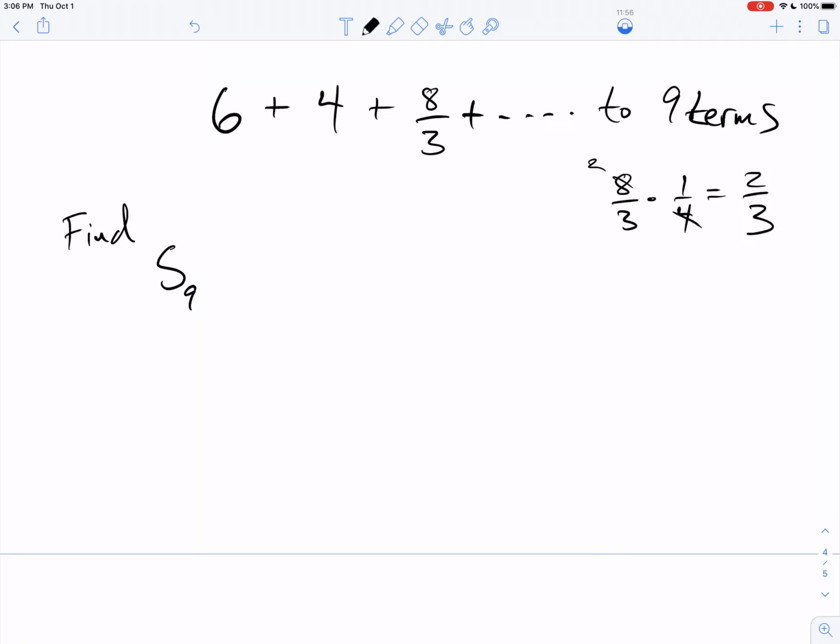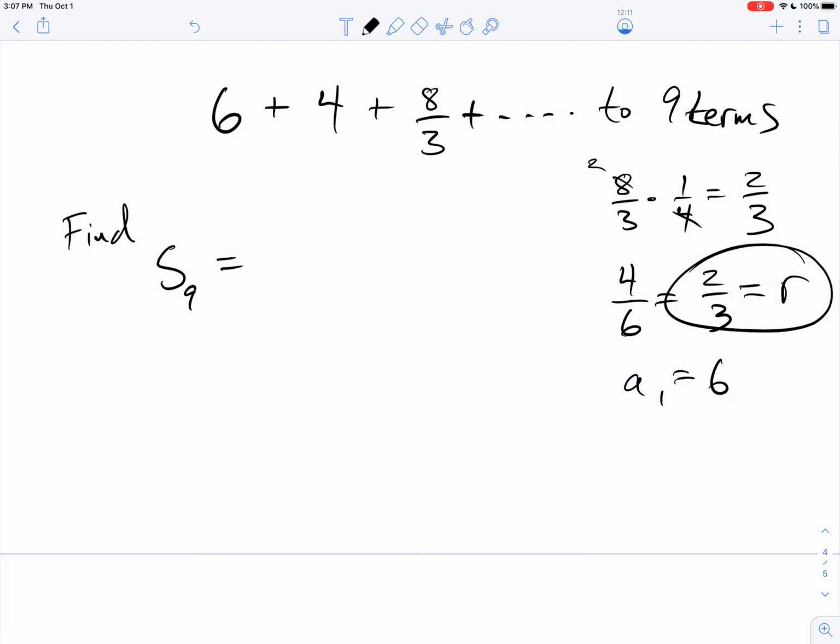So is this true? Take any number in the list, divide by the one that came before it. Hey, it is also 2/3. So that's R. So I go, A1 is 6, R is 2/3, N is 9. So let's start plugging this mess in here.